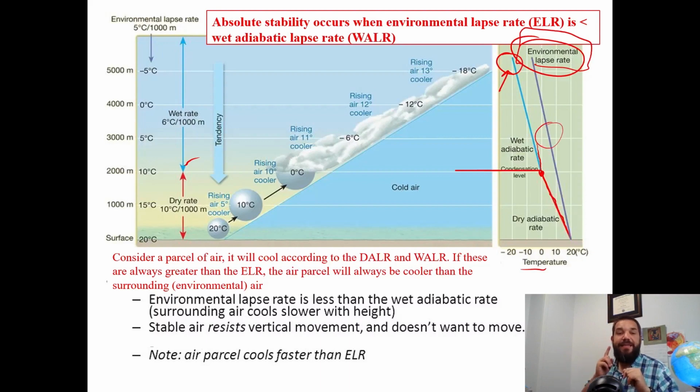That is absolute stability. Absolute stability occurs when the environmental lapse rate is less than the wet adiabatic lapse rate, which is always going to be less than the dry adiabatic lapse rate. So you're always going to be colder than the air around you in the conditions of absolute stability.